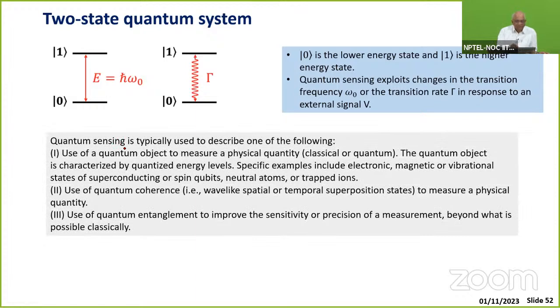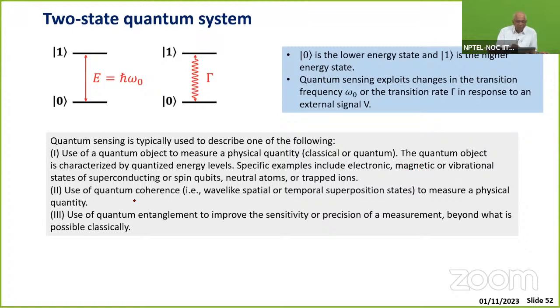Quantum sensing is typically used to describe one of the following: use of a quantum object to measure a physical quantity, which can be classical or quantum. A quantum system is described by quantized energy levels, which can be electronic, magnetic, or vibrational states.